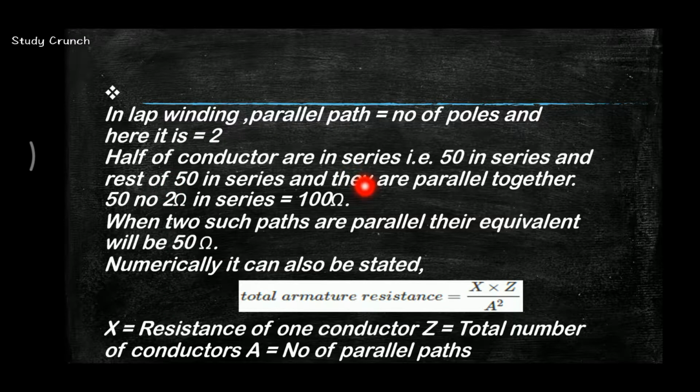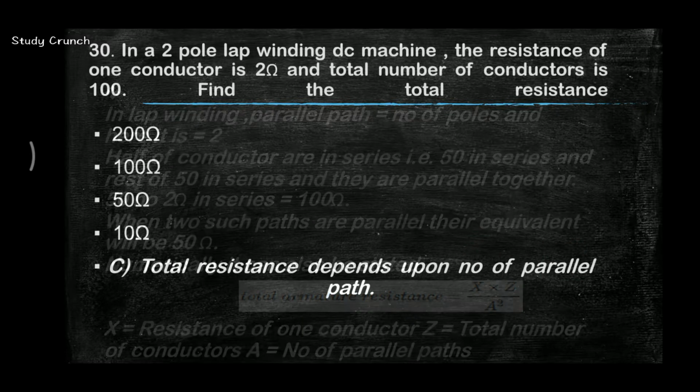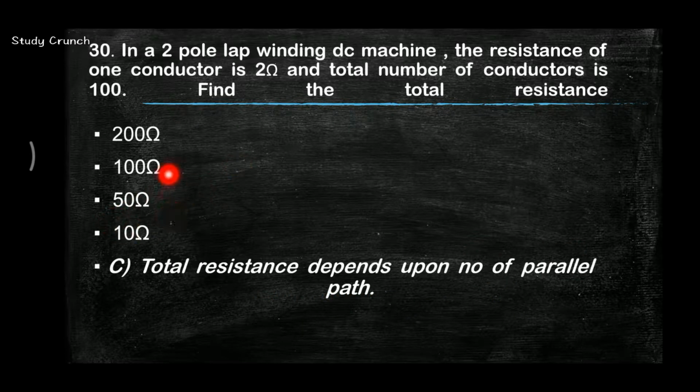Half of the conductors are in series, so 50 are in series and the rest 50 are in series, and they are in parallel together. So 50 resistors of 2 ohms in series is equal to 100 ohms. So by the formula, when we calculate, the answer will be 50 ohms, that is C.